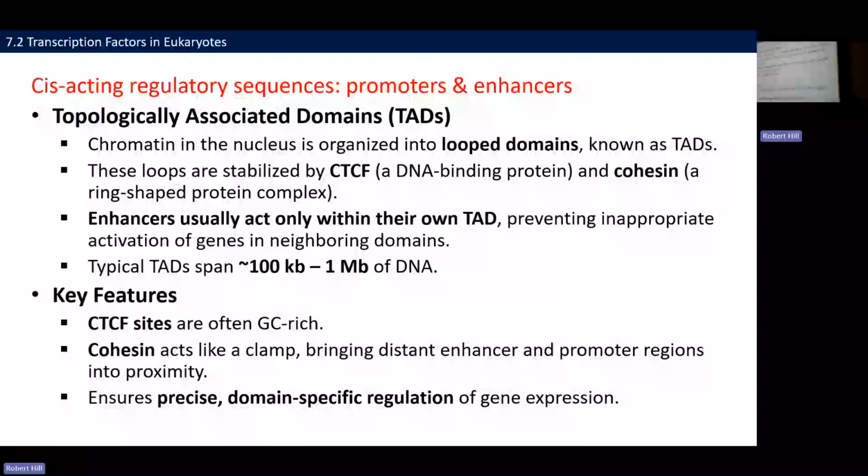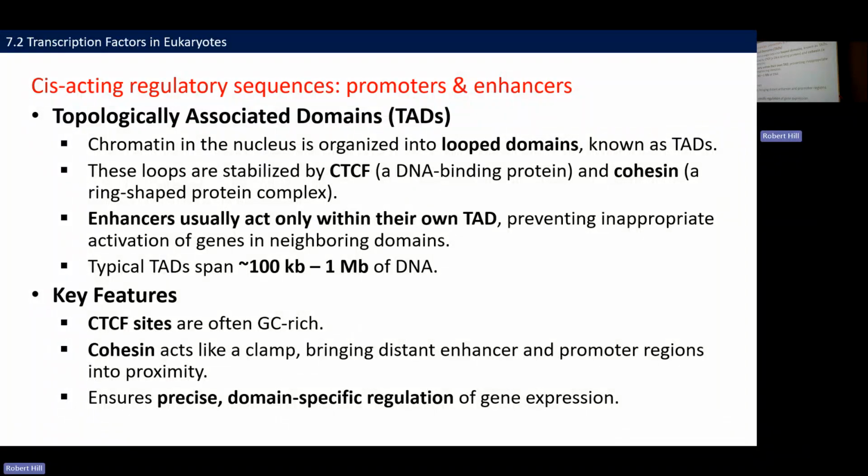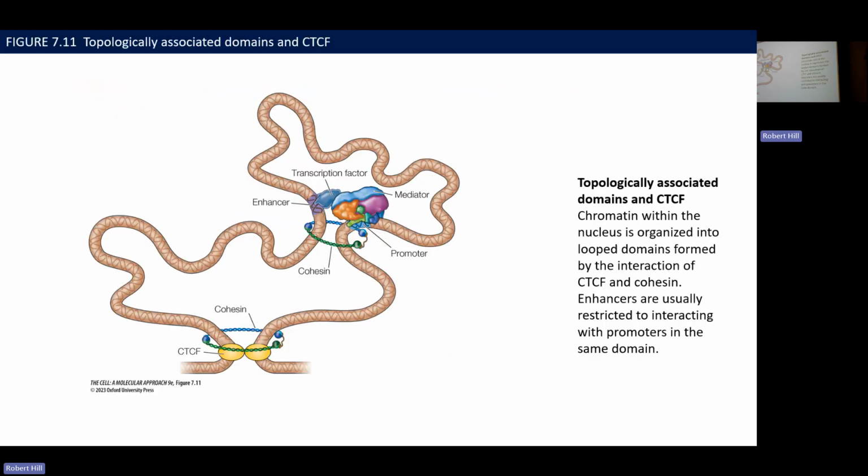All right, so the reason why the CTCF regions are able to bring the DNA together is because they're very GC rich, right? And that cohesin is like a protein clamp that holds the ring together, okay? So here's your chromosome. This is towards the periphery of the nucleus here.